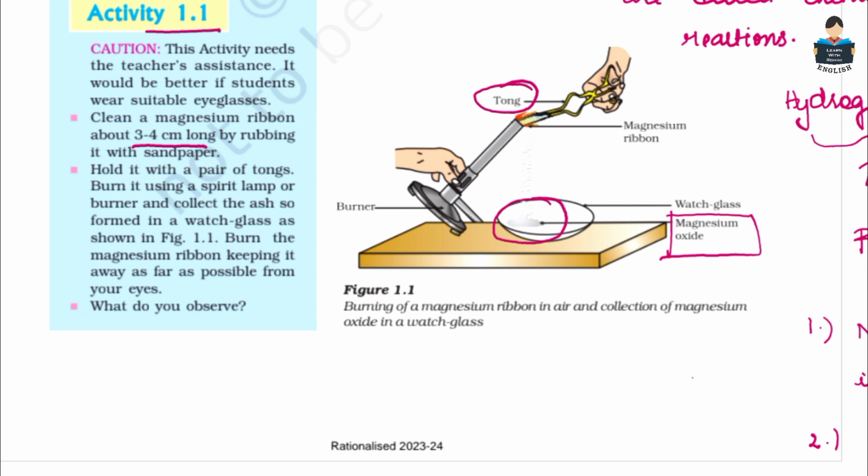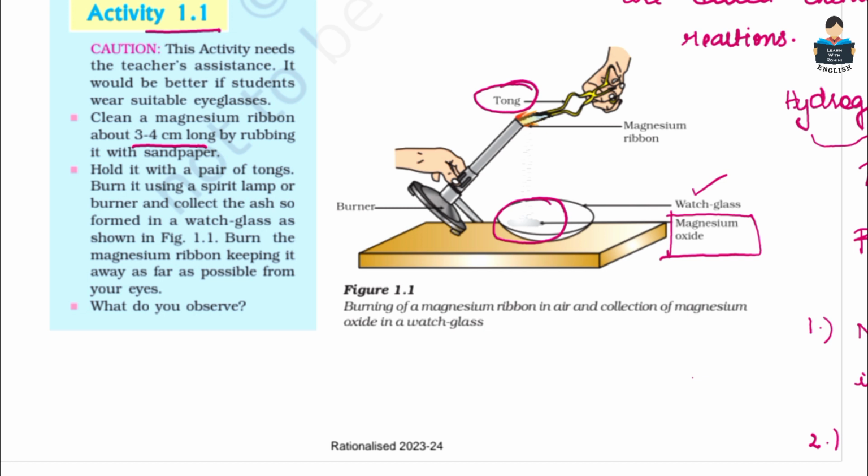The magnesium ribbon burns with a dazzling white flame, and we get a white powder, which is collected in a watch glass. You can see in the picture the white powder in the watch glass, and this white powder is called magnesium oxide.